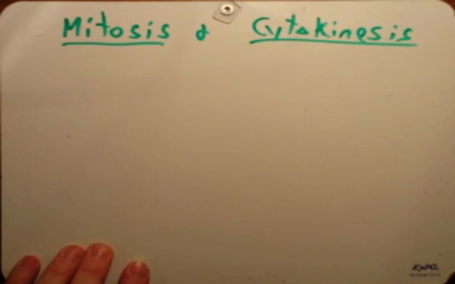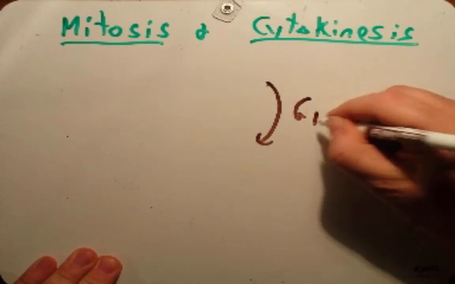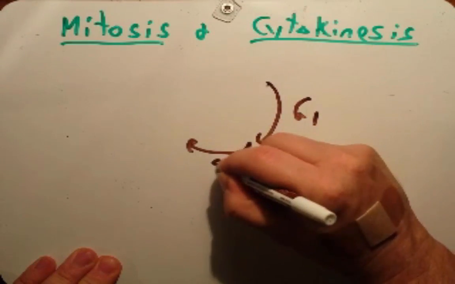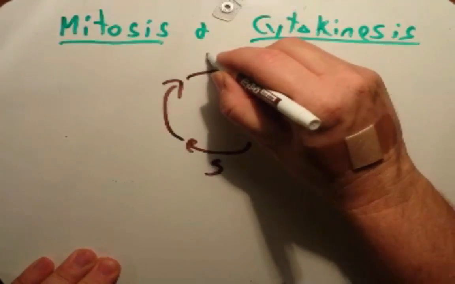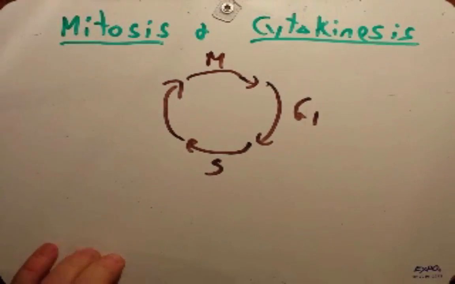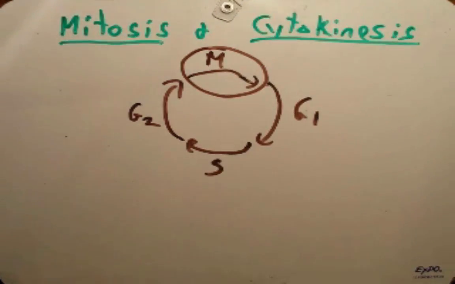In the last podcast, we talked about the cell cycle. We talked about G1, S, where the DNA is copied, and G2 as it prepares for M phase, and we didn't spend a lot of time talking about M phase except to say that the chromosomes separate during M phase. But we're going to focus a lot on it in this podcast and the next.